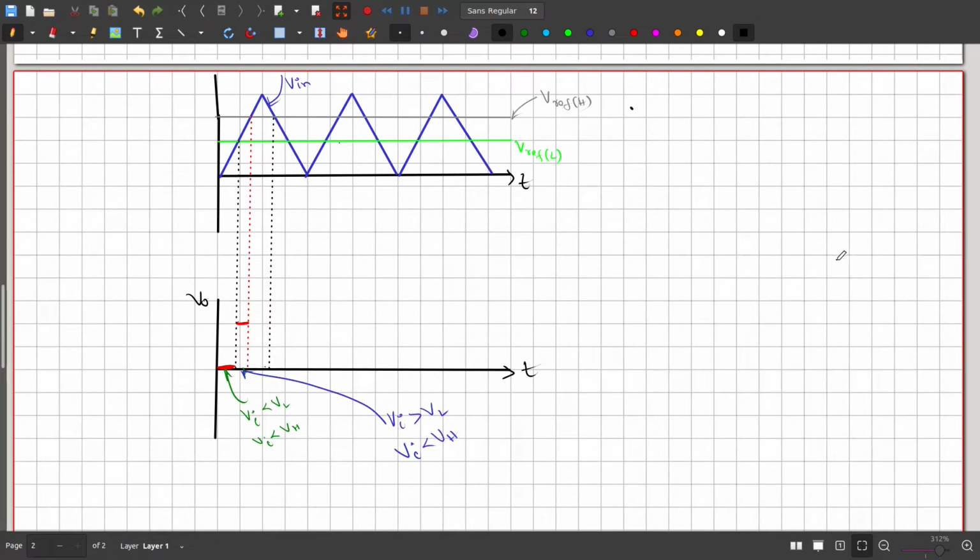And if it is higher than both the lower and upper threshold, it should be logic low. So it is logic low. And if it again comes to our window region, therefore it should be logic high.